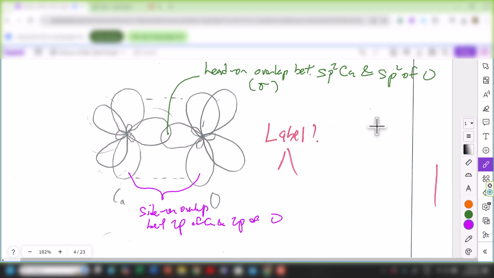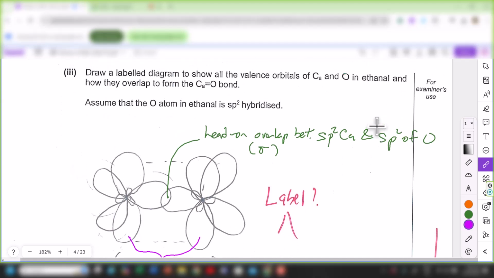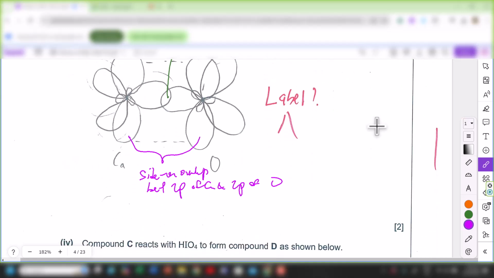I think it will help a lot when you want to explain the answers, because they actually ask you to draw a labeled diagram. So I think you need to give some labels and annotations.